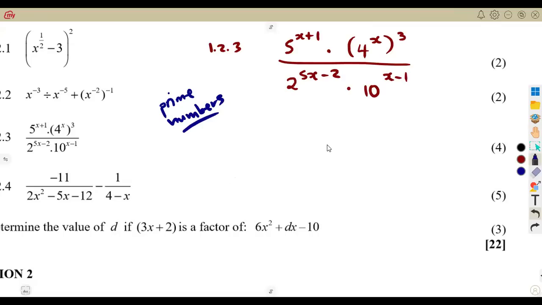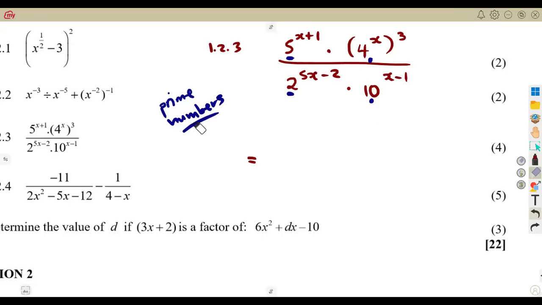So 5 is a prime number, 2 is a prime number. But what about 4? What about 10? Can they be written in terms of the prime numbers? You can see that the 5 here is fine, and this 2 is okay, but this 4 and this 10. So which numbers are we going to use in place of this 4, in place of this 10?